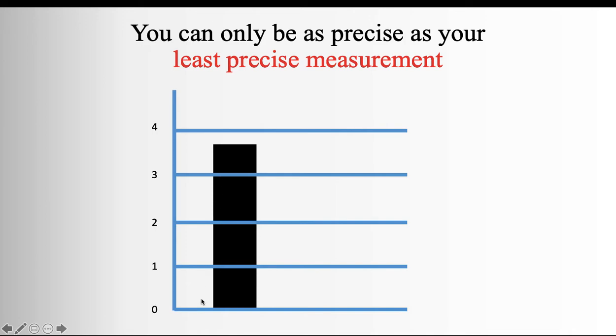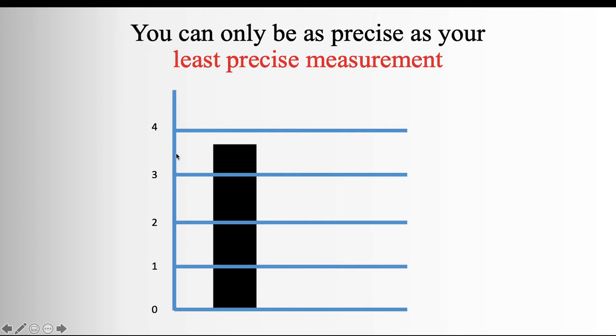If I have this axis over here divided into equal parts, and let's say each one of these represents a centimeter, and I'm looking at the height of this column, divided into 4 parts, all I can say is that this column is at least 3, but it's not quite at 4 yet. So what I know for sure is that it is at 3. But the other digit I don't know for sure.